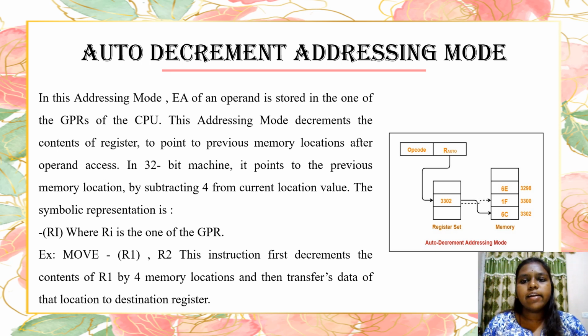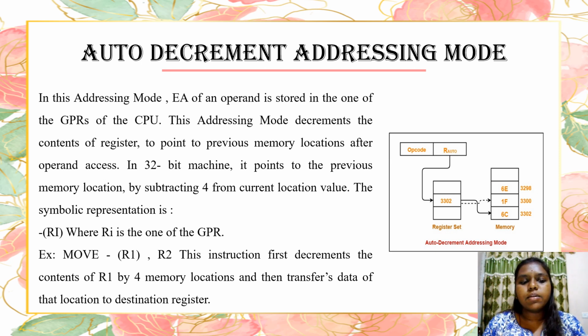Auto decrement addressing mode. In this addressing mode, EA of an operand is stored in one of the GPRs of the CPU. This addressing mode decrements the contents of the register to point to previous memory locations after operand access. In 32-bit machine, it points to the previous memory location by subtracting 4 from current location value.